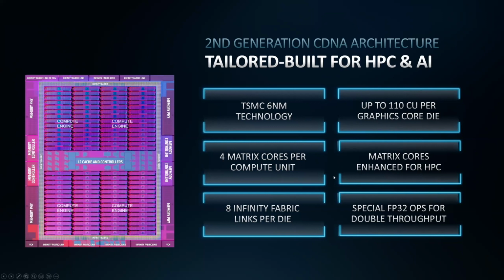If you have an HPC workload that also uses FP32, you potentially get a 2x boost if you use some FP32 operations called packed FP32, which basically doubles the throughput for FP32 if you do a few things in your code, which is fairly easy to do if you program in HIP. Okay, it's just to show you what we're dealing with here.